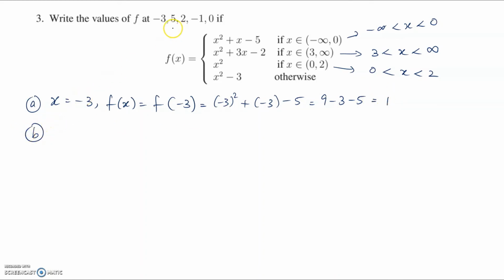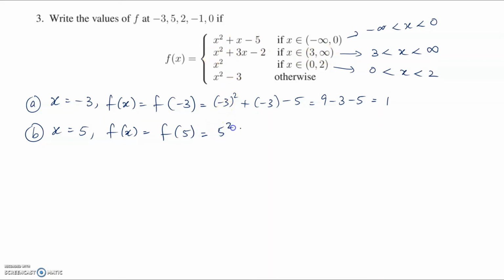Question number 2, which is x is equal to 5. So our f of x is now equal to f of 5. F of 5 will fall in the category of 3 to infinity. X belongs to 3 to infinity. So let's use the second formula here, which is x squared.